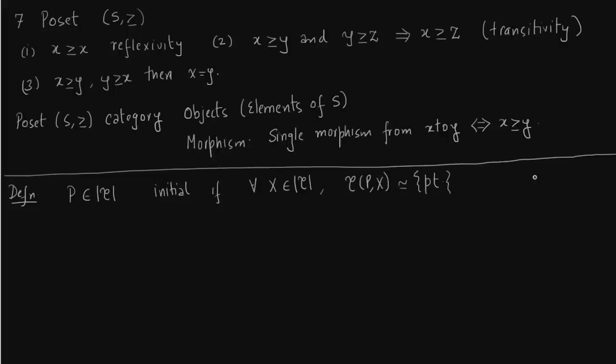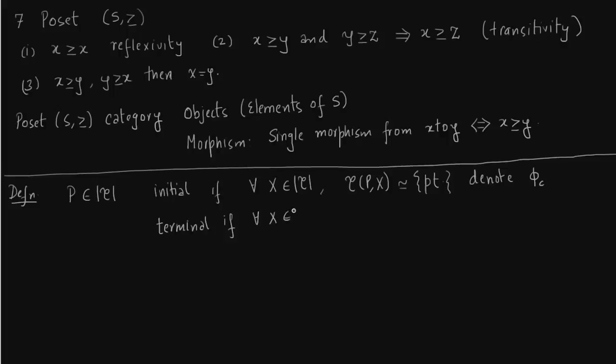Basically, what it means is that the object of the category C is initial if there is precisely one map to every object. So the point means that there is precisely one map from P to every object x. So if it is initial, there is precisely one map from it to every object x.